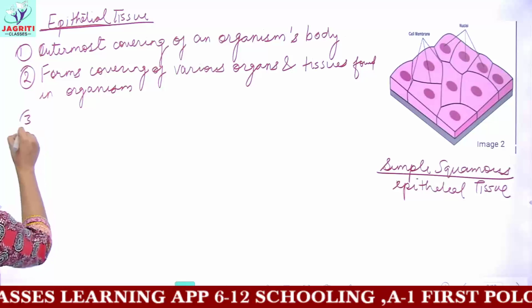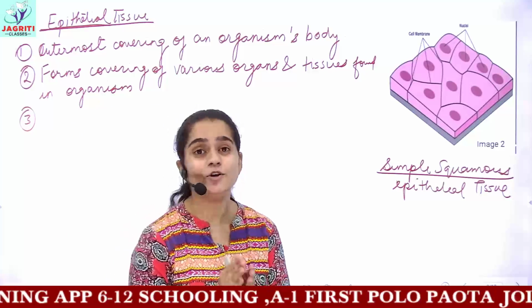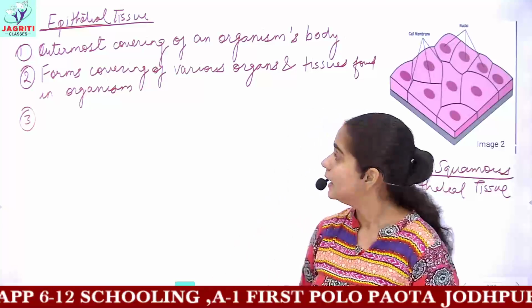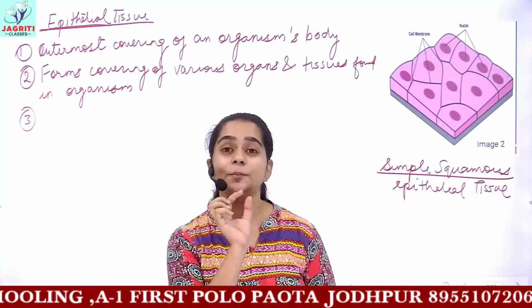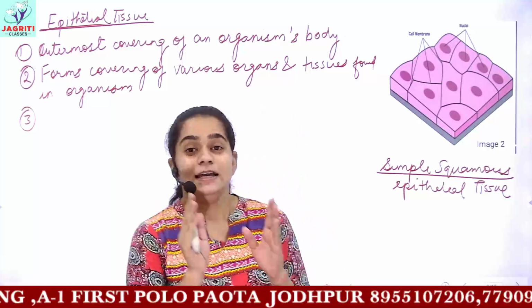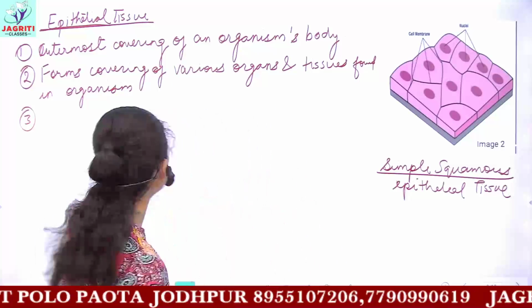Then the next is, epithelial tissue does not have any intercellular spaces between cells. I have already told you in previous video lectures what the term intercellular space means: inter means in between and cellular means between any two cells.